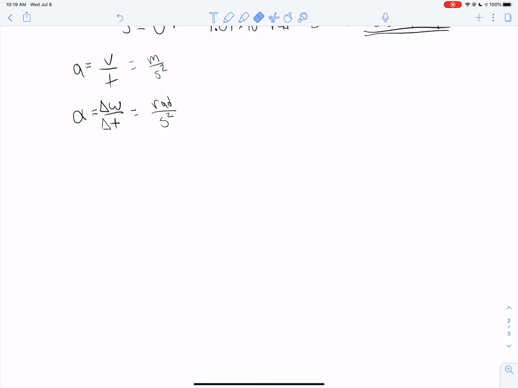Now, just a quick side note. Whenever you have what we call a rigid or solid object spinning, let's say for example a bicycle wheel, every point on it, if this is point A, this is point B, this is point C, is spinning with the same rotational speed and acceleration.